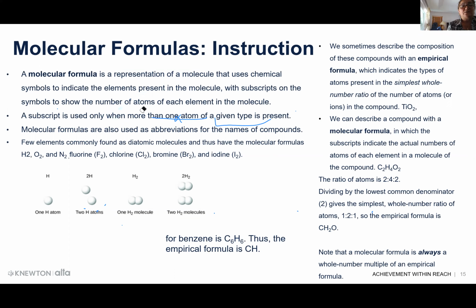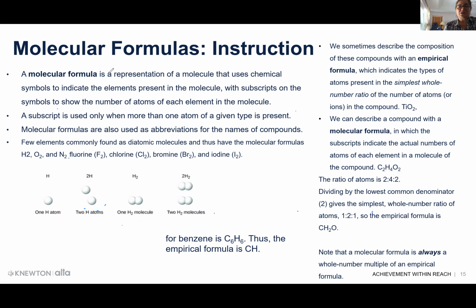Other definitions that you need, because you're studying chemistry, so you have to know about the chemical formulas. There are 2 definitions that I want to talk about here. One is the molecular formula, the other one is the empirical formula. So what is the molecular formula?